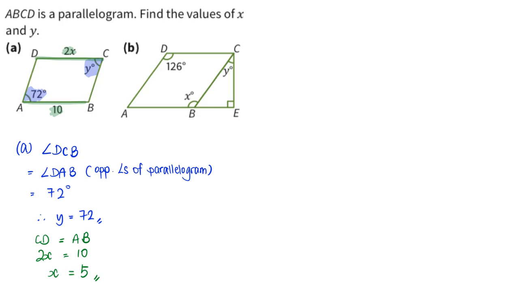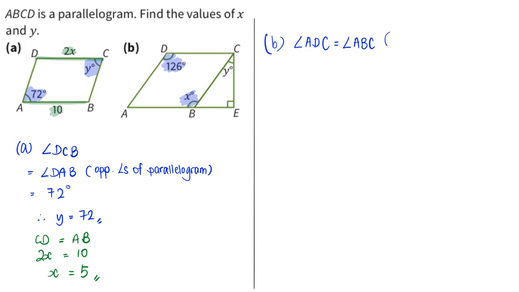Alright, let's move on to part B of this question. We're going to solve for part B as well. So for part B, since ABCD is a parallelogram, applying what we did previously, angle ADC is equal to angle ABC.